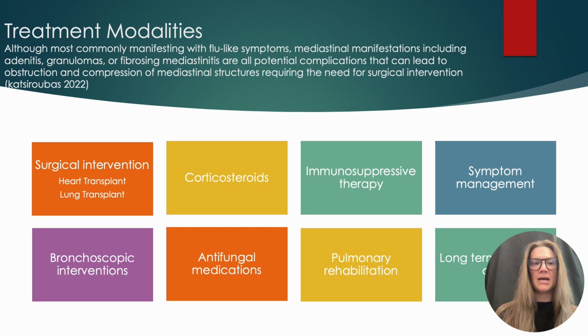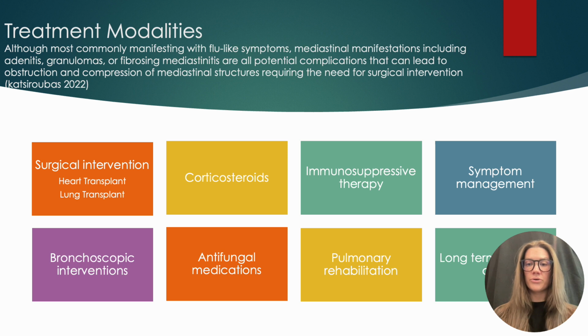And that is by Katsourbas, 2022. Unfortunately, this patient is one who did need surgical interventions. And those surgical interventions that I'm going to be talking about on the next slide will be his heart transplant and bilateral lung transplant.